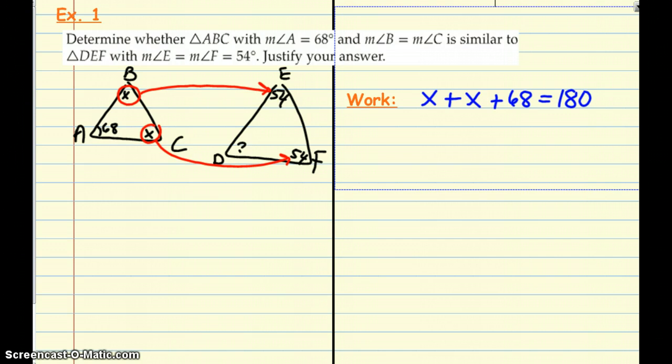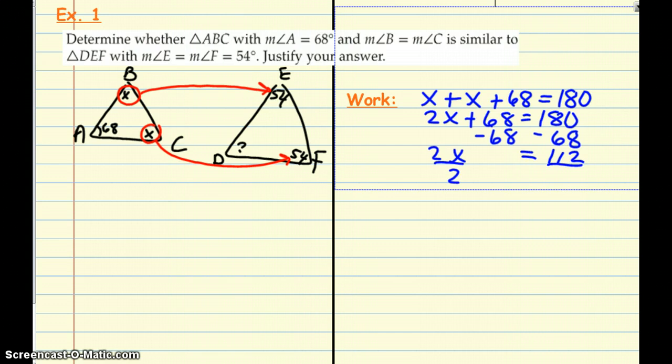Those are the three angles of triangle ABC. Combine my terms, I get 2x plus 68 equals 180. Now I want to solve for x, so I'm going to subtract 68 from both sides, and I get 2x equals 112. And if I divide by 2, I get x equals 56.